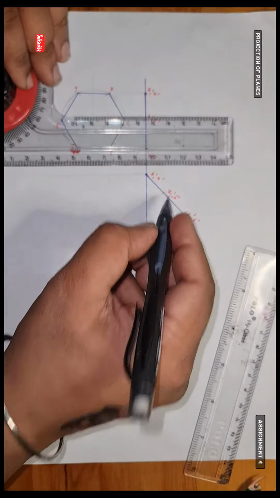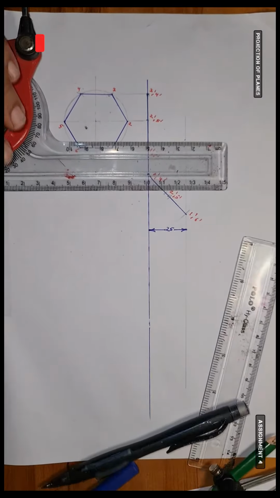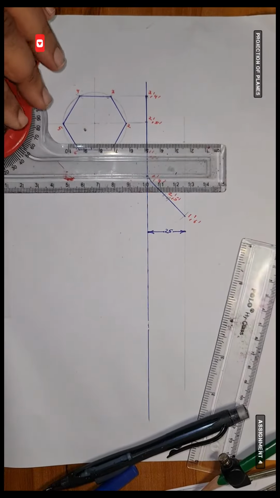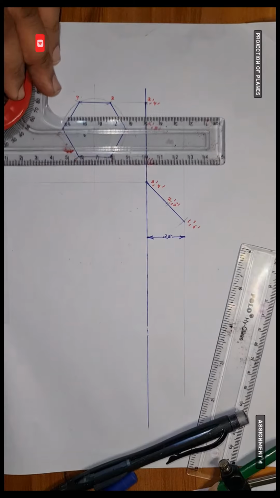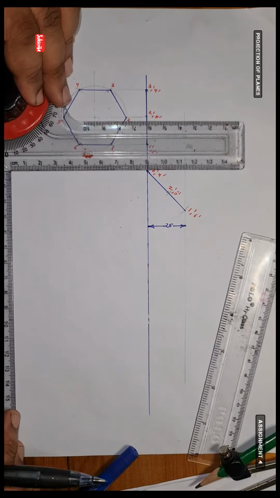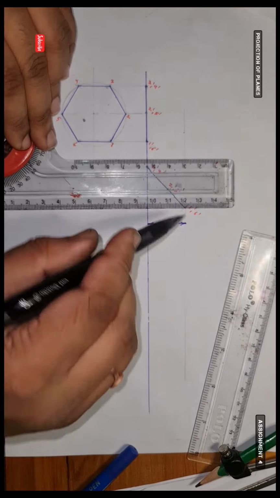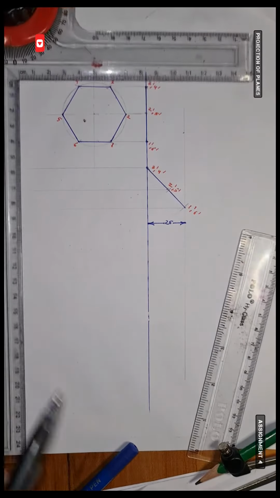It is the center point. There is some error due to our line work. It has generated a small error, so you have to keep in mind that there should not be any sort of error.